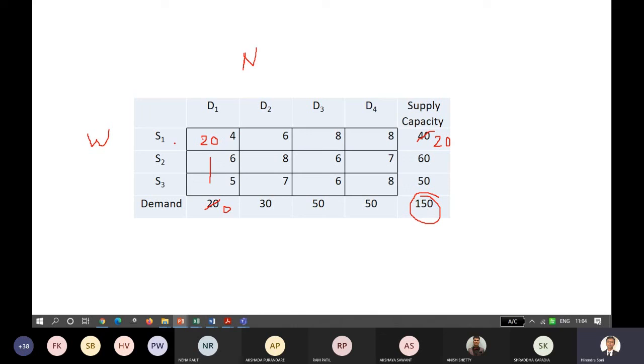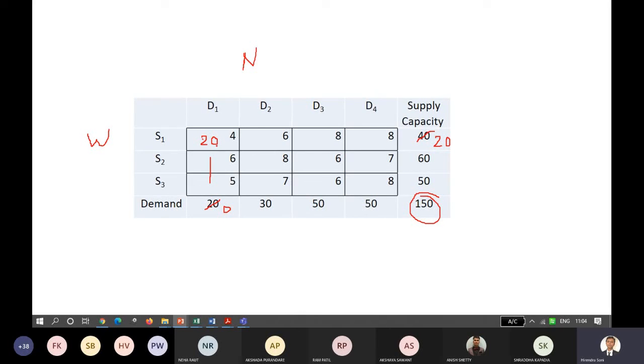See, my supply source S1 had a supply capacity of 40 units. And demand center D1 had a demand of 20 units. Now, if I start with the northwest corner cell rule method, it says allocate the maximum possible in the northwest corner cell.